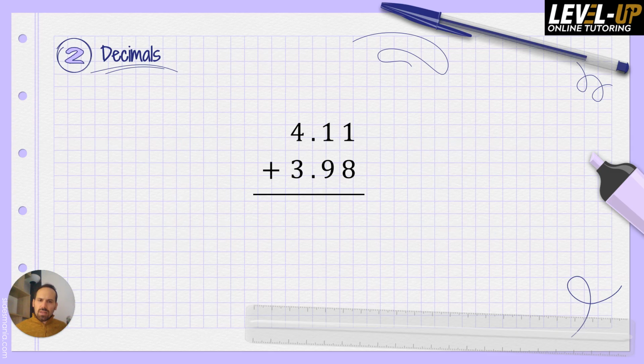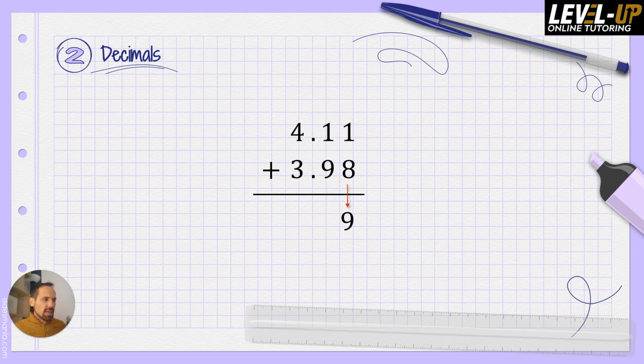So now let's look at how we could do arithmetic, long arithmetic in particular, with decimals. When it comes to addition and subtraction, it works exactly the same way we did it last time. You've got to make sure you line up your place values correctly, so the decimal point should be lined up as well. You see we've got our units, then we have our tenths, which is where the 1 and 9 is, and then the hundredths, which is where the 1 and 8 is.